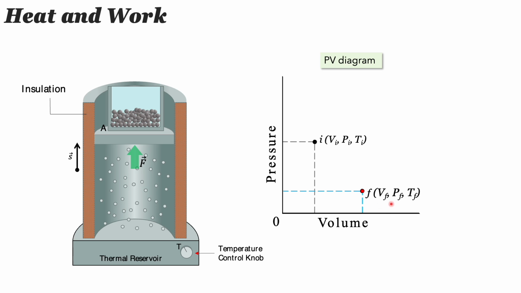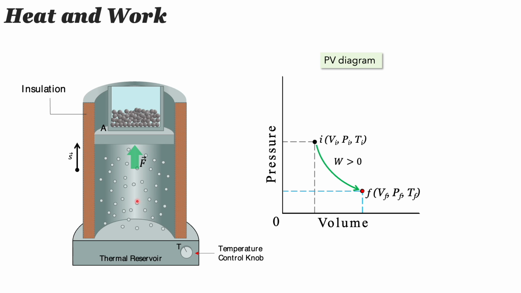and we call this pressure Pf, the final pressure. The volume is Vf, and let us consider the temperature has changed from Ti to another value Tf. And during this thermodynamic process, while changing the state from I to F, the work done by the system is positive.